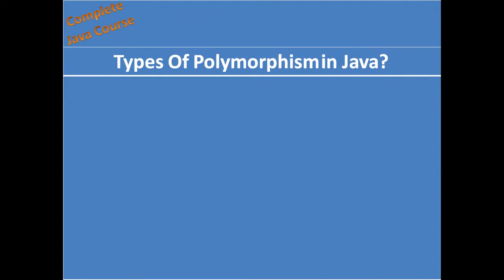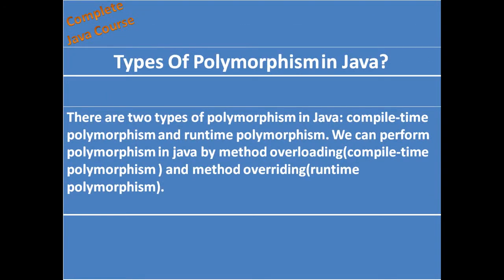Now we will talk about the types of polymorphism in Java. There are two types of polymorphism in Java: compile time polymorphism and runtime polymorphism.